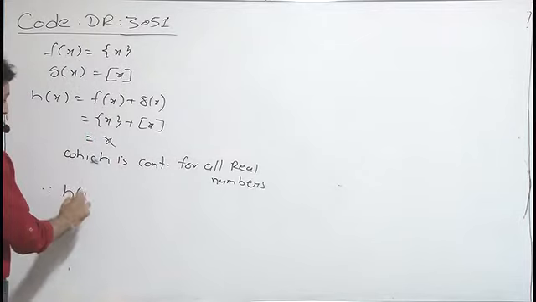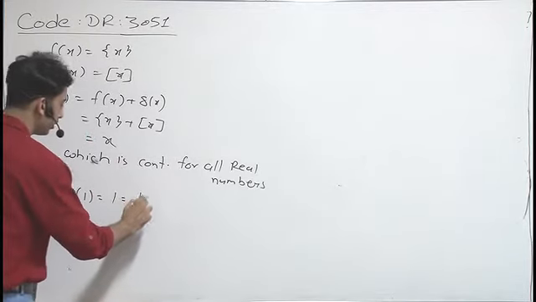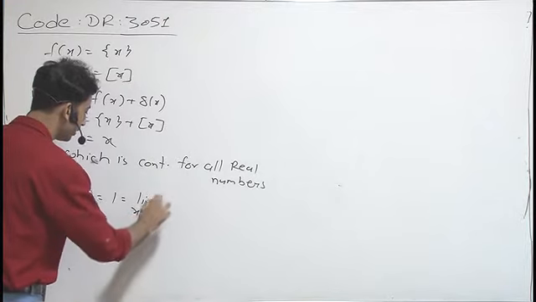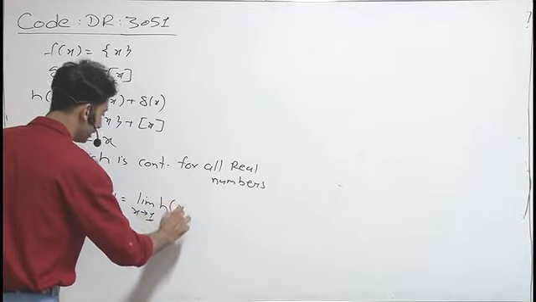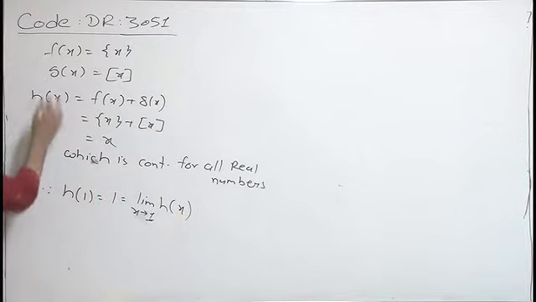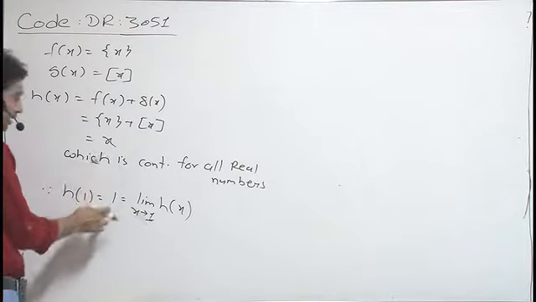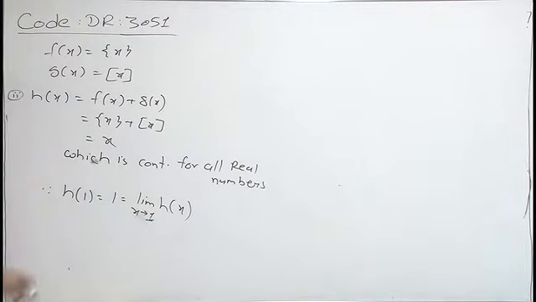Since h(1) equal to 1 equals the limit x tending to 1 of h(x), the second part is clearly continuous for all real numbers as well as at x equal to 1. So this is the solution of the second part of our question.